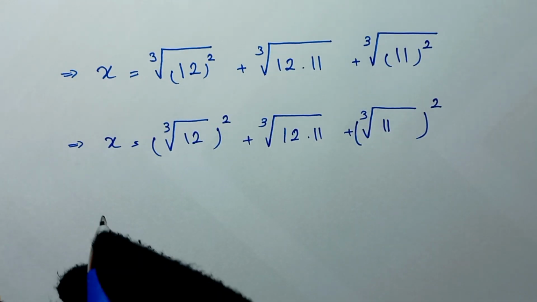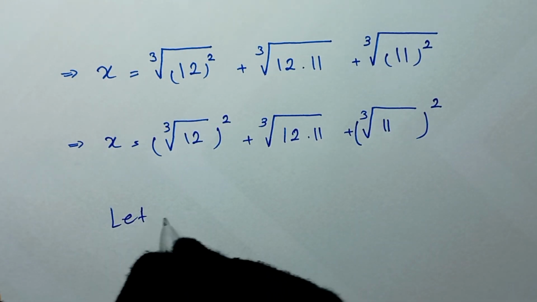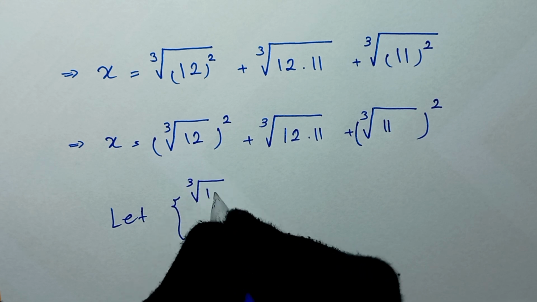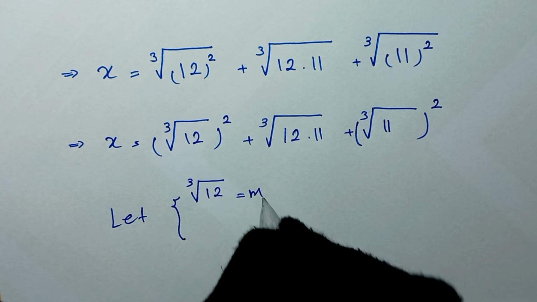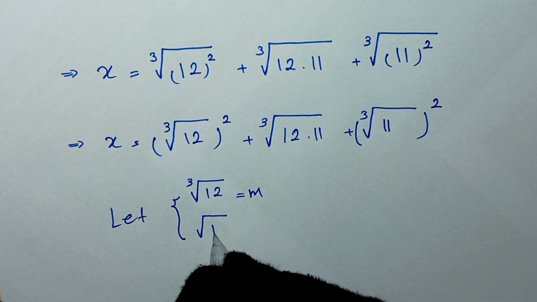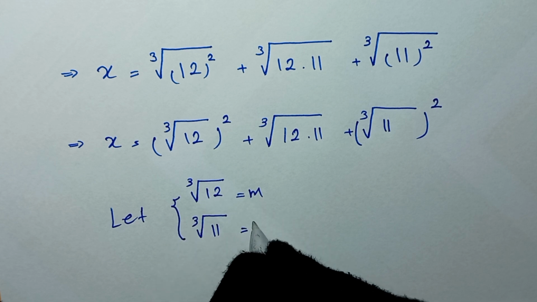And next step, we let cube root of 12 as m and cube root of 11 as n.